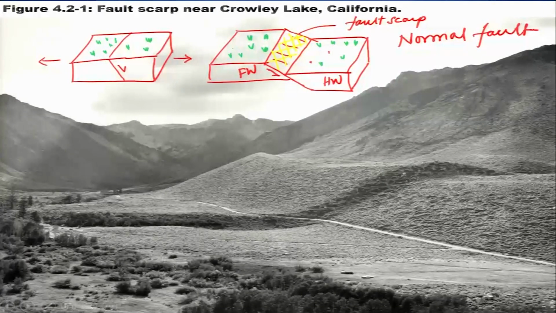Now, another example, same here, but what we see is that we have a block here, we have a fault like that. I am just putting an imaginary line, and this block is moving up, and this is a situation where we are in compression.